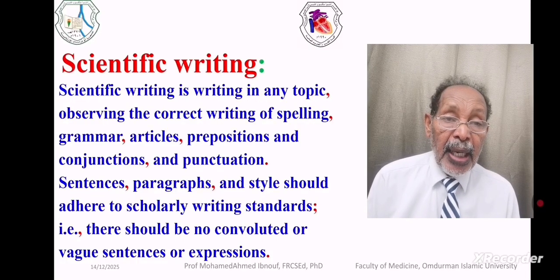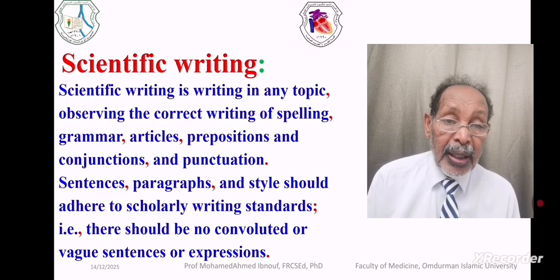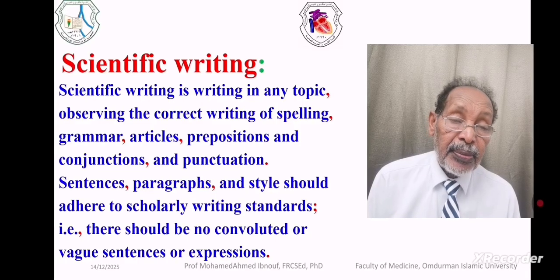Scientific writing is writing in any topic, observing the correct writing of spelling, grammar, articles, prepositions and conjunctions, punctuations, sentences, paragraphs, and style should adhere to scholarly writing standards. That is to say, there should be no convoluted or vague sentences or expressions.